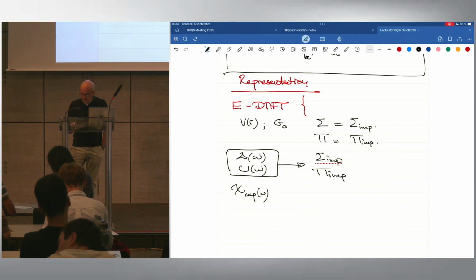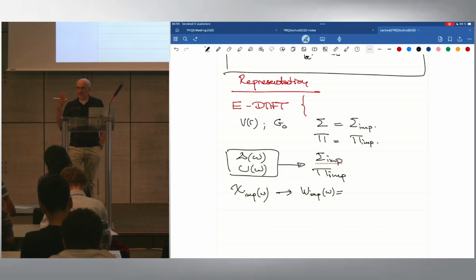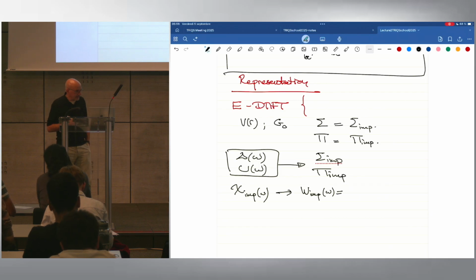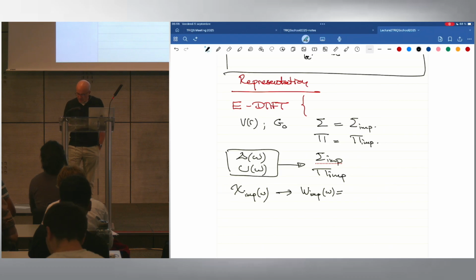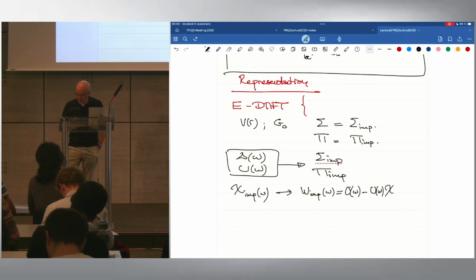With chi impurity of omega, I can define a W impurity of omega, which is related to U and chi by the same relation that I derived before, the exact relation, but applied to an impurity problem. So W impurity of omega would be U of omega minus U of omega chi impurity of omega U of omega.